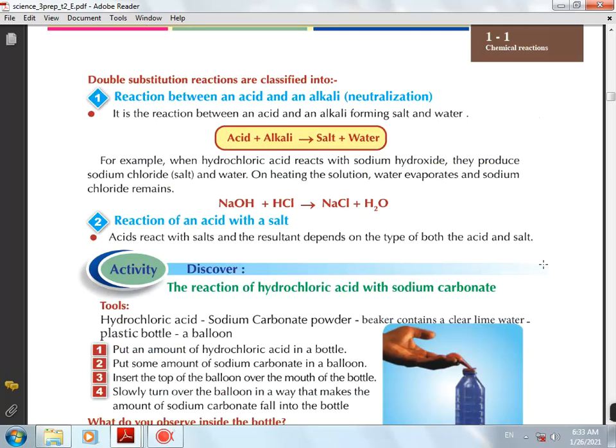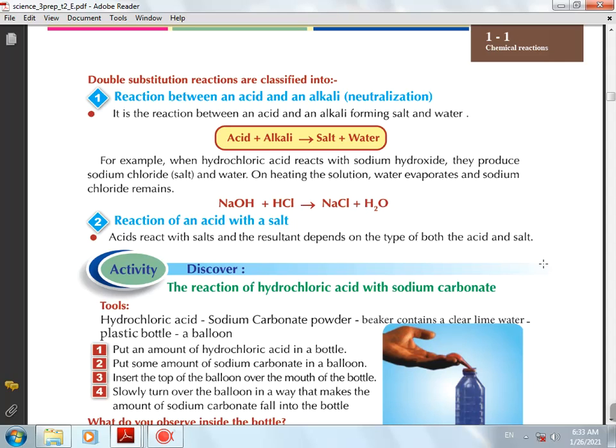Double substitution reactions are classified into reaction between acid and alkali, number 1, and number 2, reaction of acid with salts. For number 1, reaction between an acid and alkali, which is neutralization.